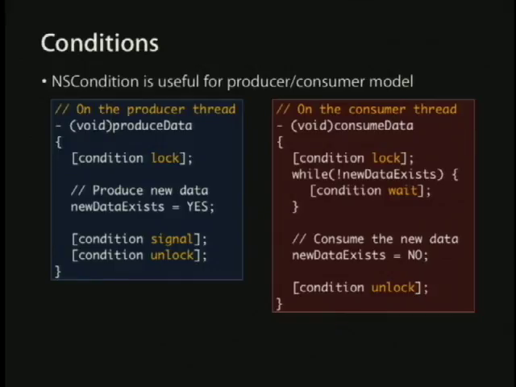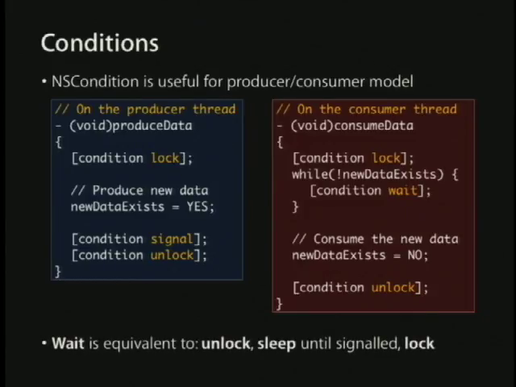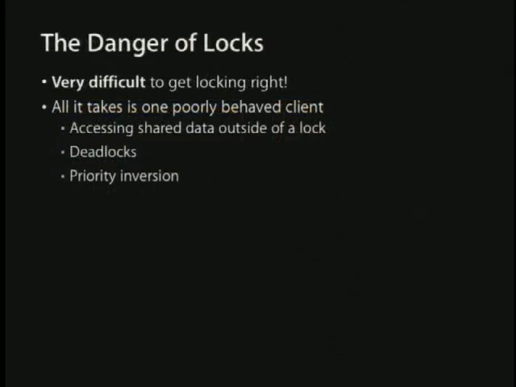So you can actually have multiple consumer threads running at the same time, and only one of them can really pull something off at a time because the wait implies unlock, wait, and then lock. Then when you're done with both, you'll unlock at the end of the method. So does that kind of make sense? I know it's pretty quick. All right. So wait is equivalent to unlock, sleep, and lock.